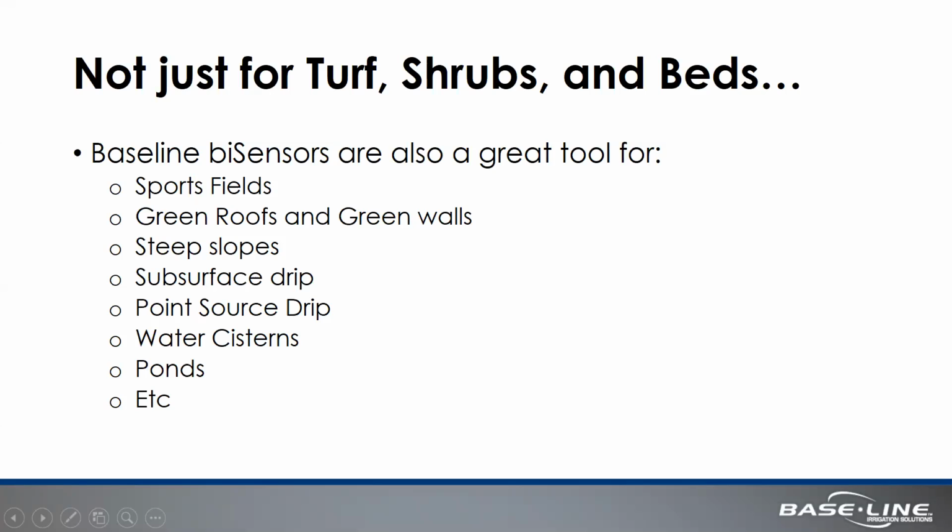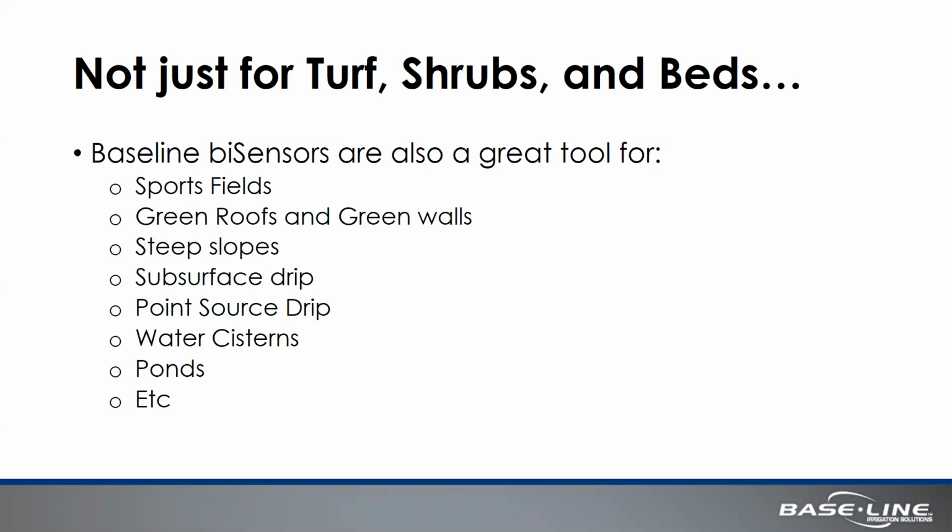So as we look at the sensor technology from a specification perspective, the sensors are not just for turf, shrubs, and beds. They can be used for different applications and are increasingly used as level indicators in secondary water sources such as cisterns and ponds to help regulate and manage water sources.